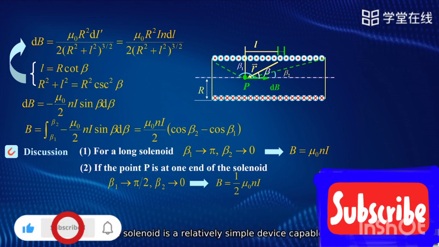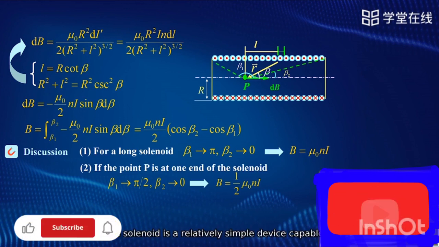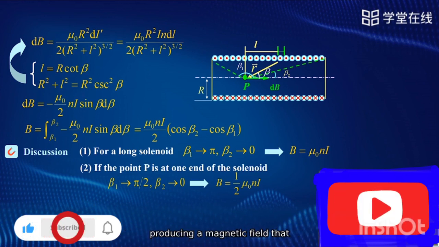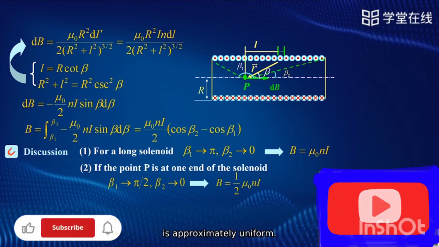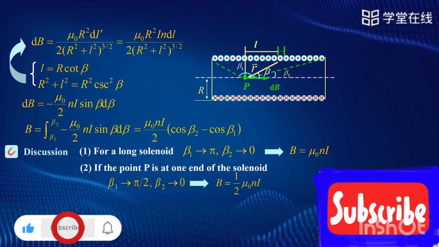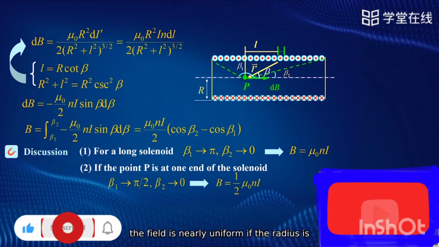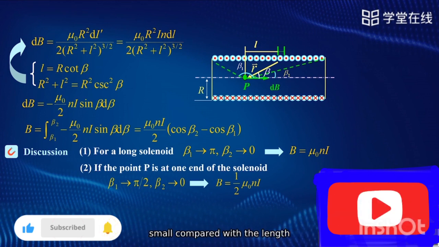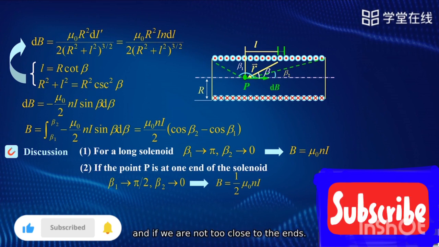The solenoid is a relatively simple device capable of producing a magnetic field that is approximately uniform. The field is nearly uniform if the radius is small compared with the length and if we are not too close to the ends.